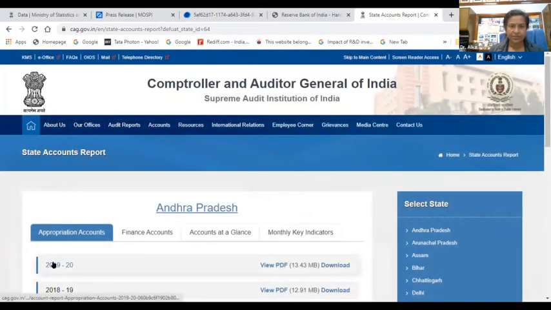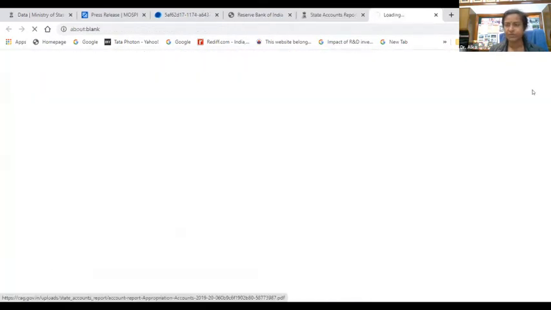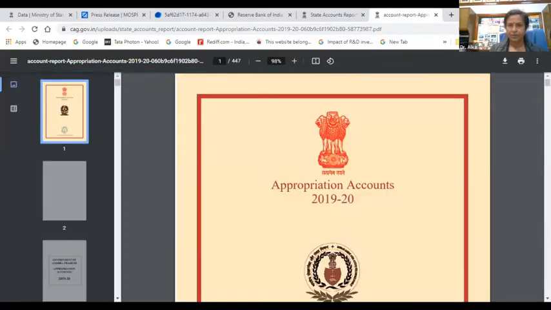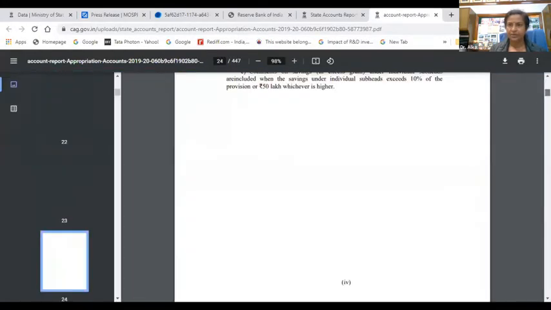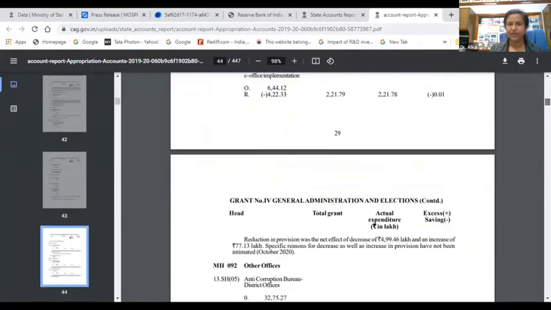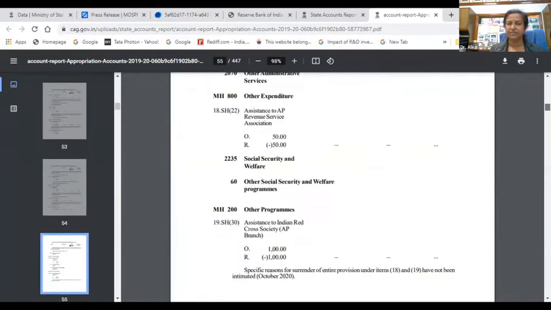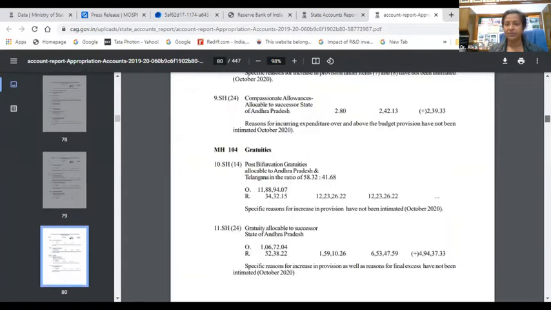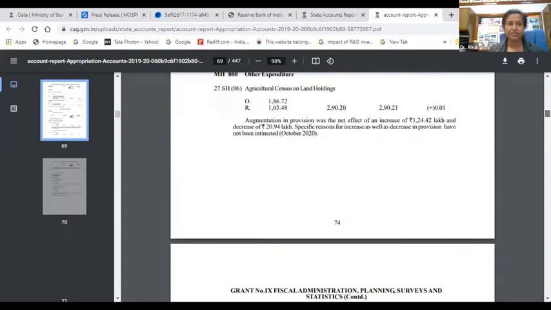Suppose I want 2019-20. So these are the kinds of accounts. Basically, here some codings are there. For example, this is for social security, then agriculture has different notations.